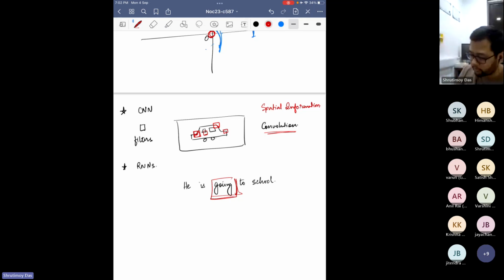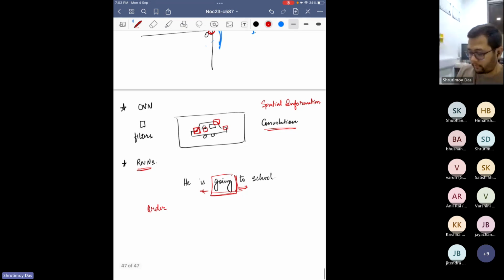What we want is what word appeared before going, and what word will appear after going. So we want to preserve this order of the words that are coming and going. These recurrent neural networks are helpful in capturing this type of information.